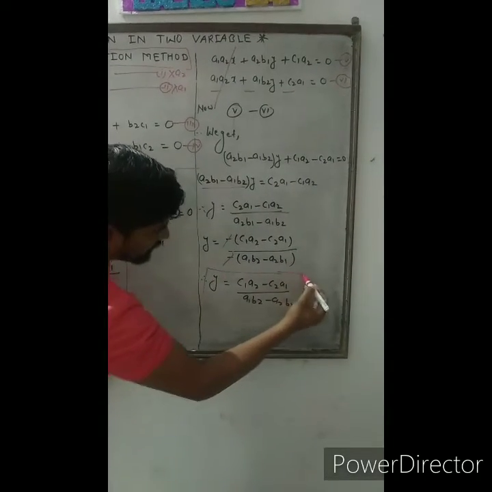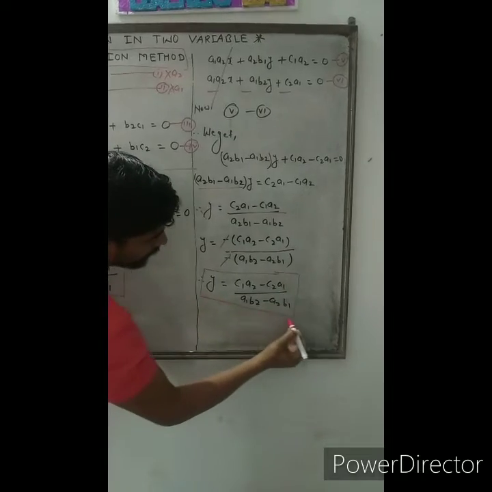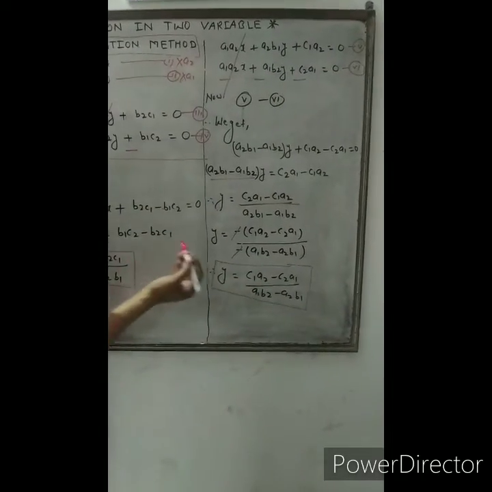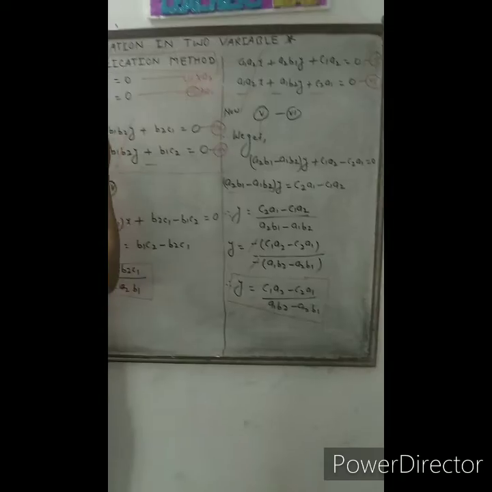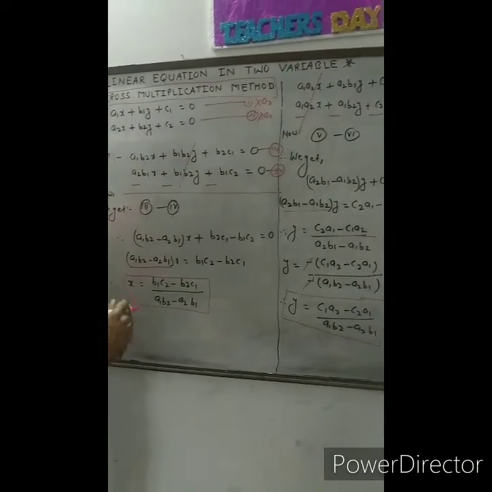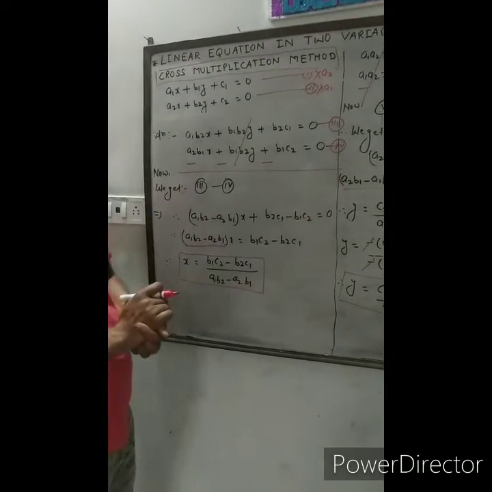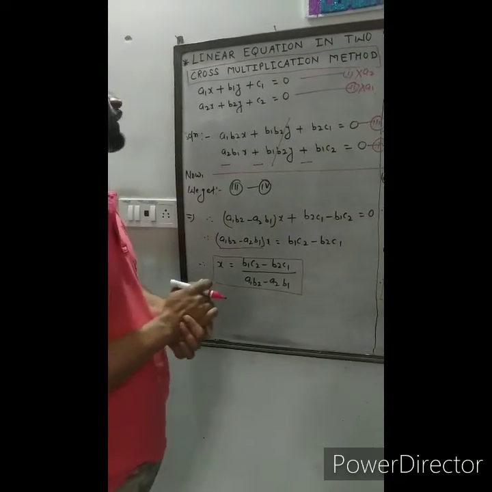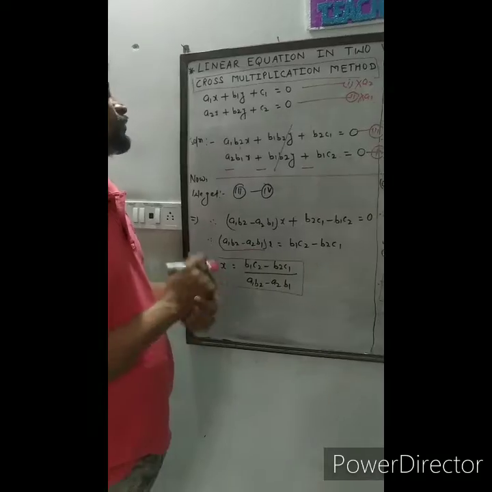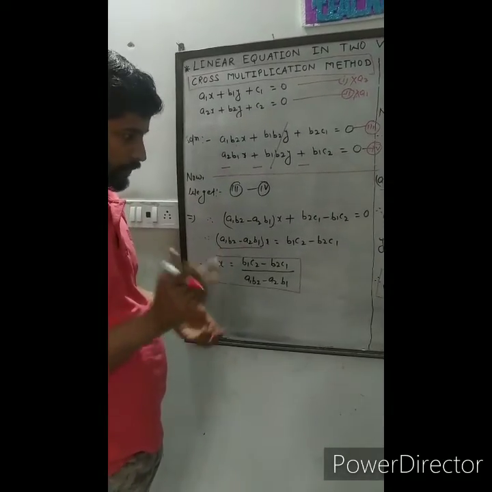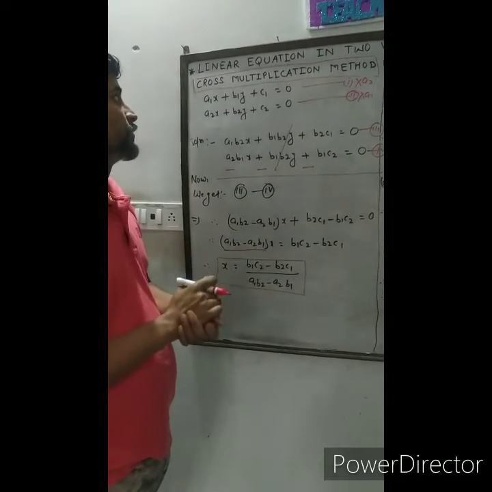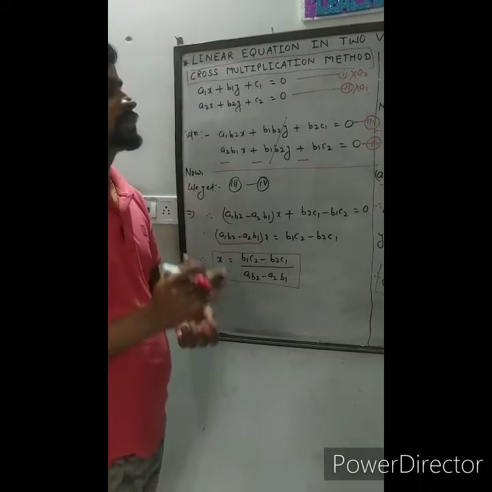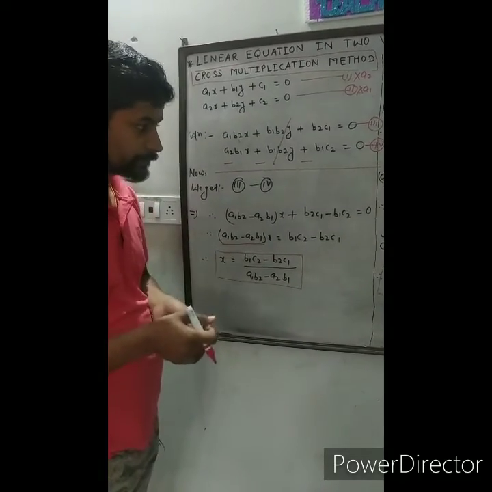This is the standard formula of the y to finding the solution of this equation. So these are the two formulas. With the help of the cross multiplication, we can find the solution of the given equations directly. So this method is called cross multiplication method.